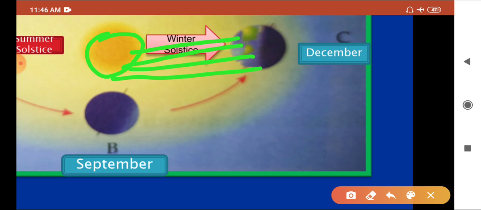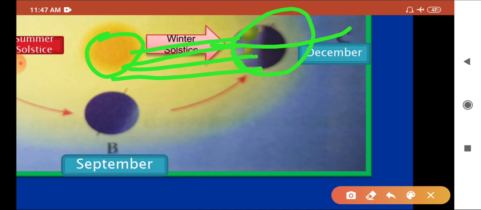So this Tropic is receiving direct rays of the sun as the south pole tilts towards it, because this time you can see the position of the earth, that it is tilted, so the south pole is receiving more sunlight. So a large portion of the southern hemisphere gets light on this day, and generally summers are observed in this hemisphere with longer days and shorter nights.